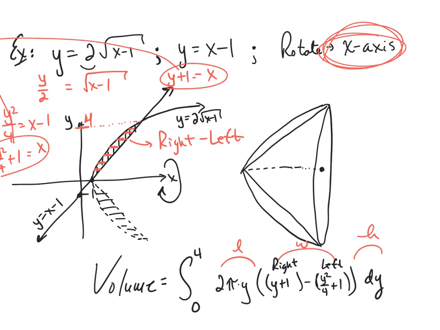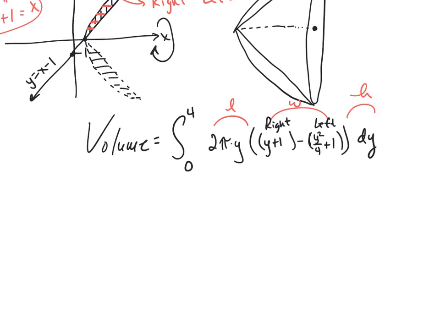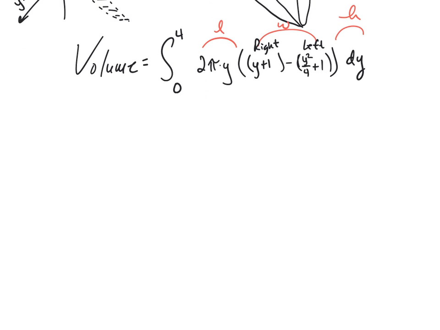Okay, so much more difficult setup on this one than we had previously. Now, feel free to pause this and take a look around at anything I've done before, but I'm just going to go ahead and proceed to the rest of the calculation. So I'm going to factor out the 2 pi. Before I distribute the y into the width, I'm going to remove the parentheses.